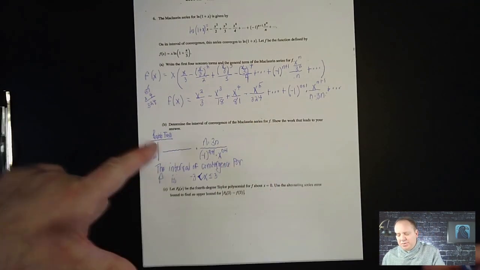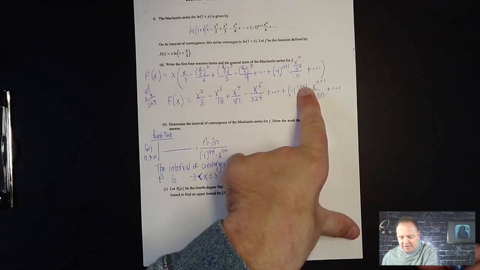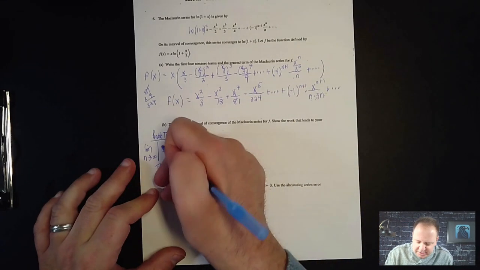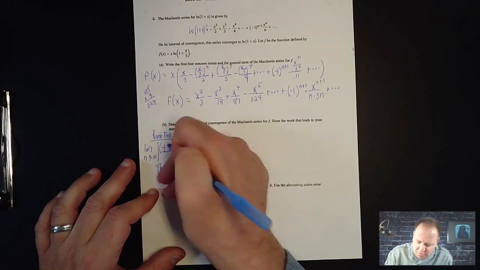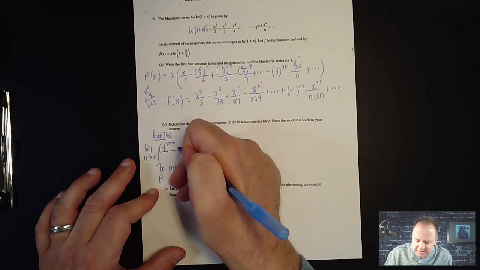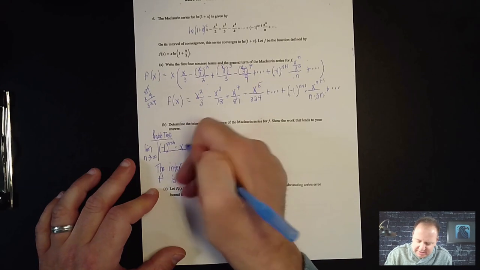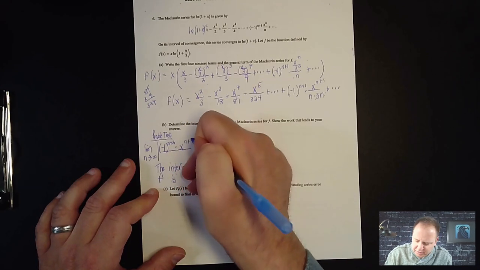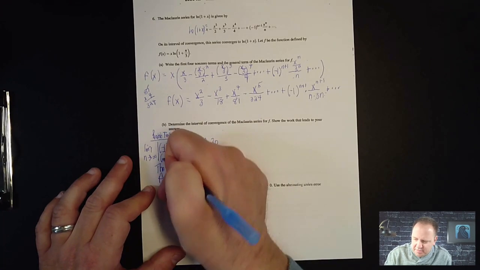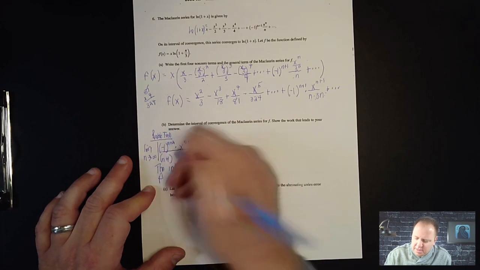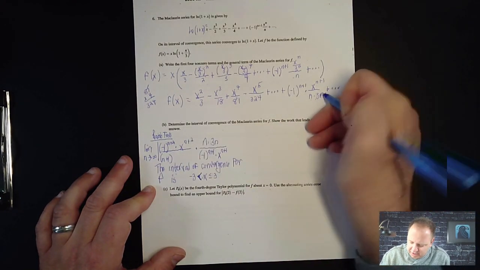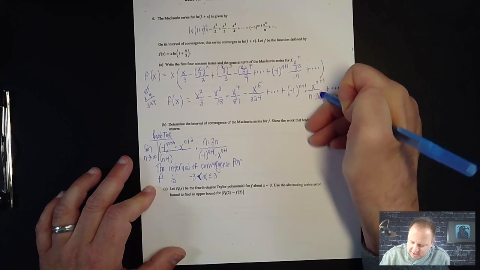But now I need to plug in n plus 1 wherever I see an n, right, for my ratio test. So the top would be -1 to the n plus 2. This also would be times x to the n plus 2. All over n plus 1. And this should have been 3 to the n, so I apologize on that.